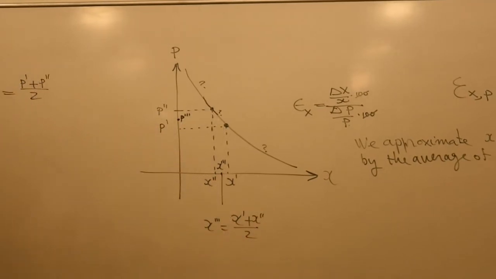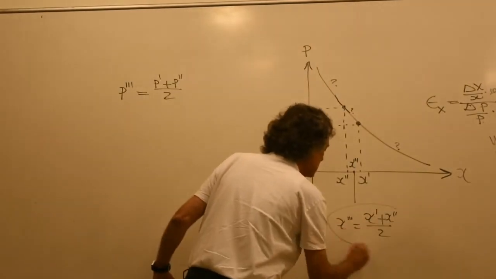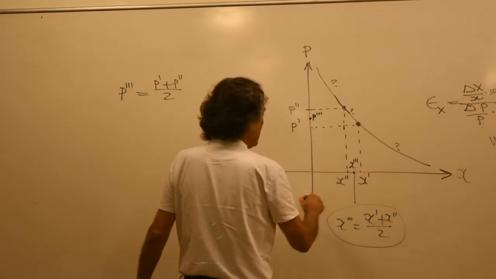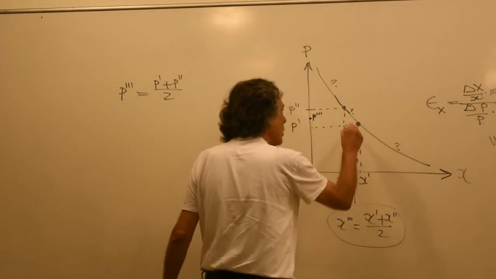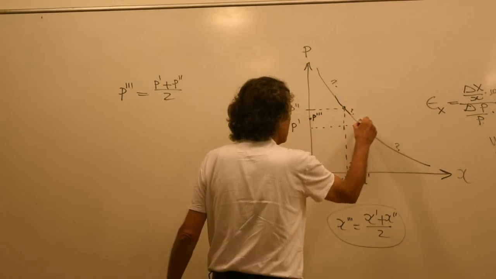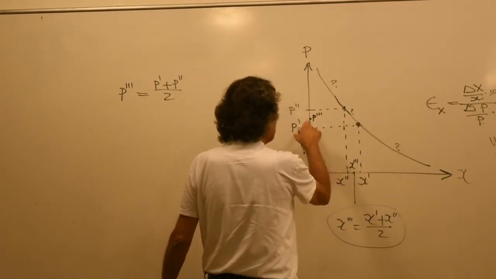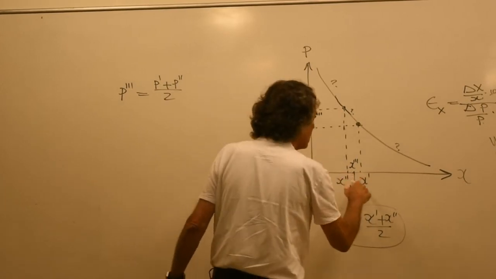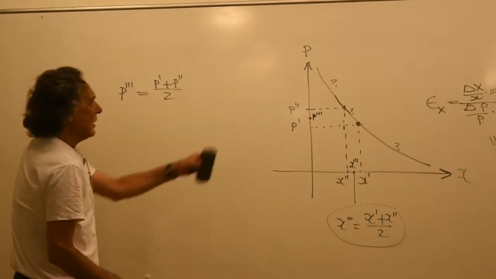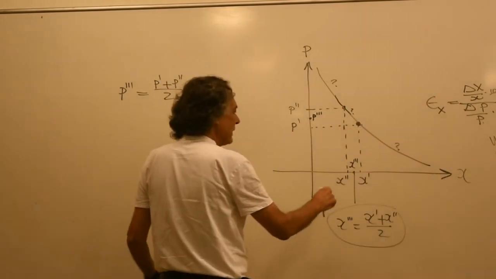So how do I approximate? This is the new x, I approximate it, but I don't go here because I'm not sure what it even is. So I just say that my reference point is the middle point of the p's, the middle point of the x's. And what is delta x?